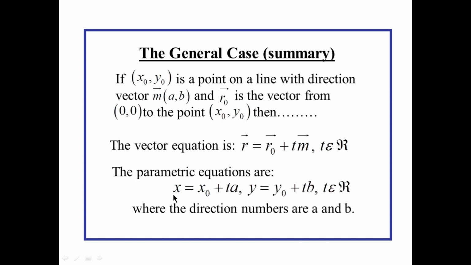Parametric equations are x equals the x₀ that we know plus some multiple of a, y is equal to the y₀ that we know plus some multiple of b. And the direction numbers are a, b.